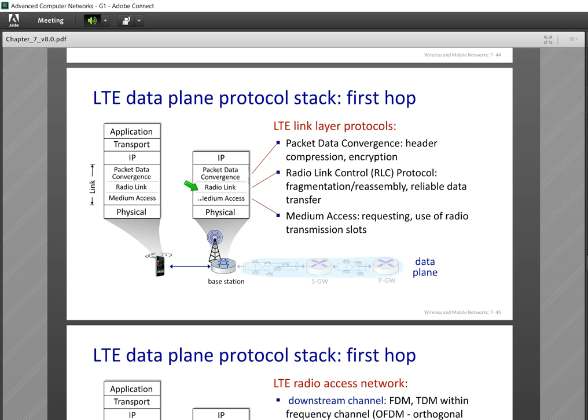We have a very specific sublayer just for managing a wireless link. Why is this sublayer important?